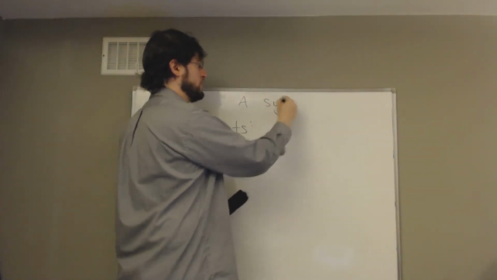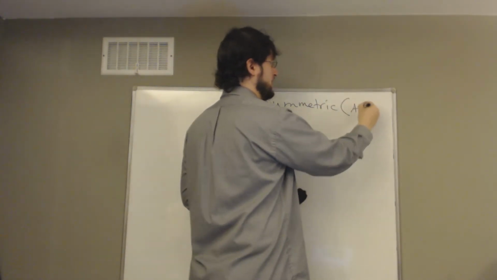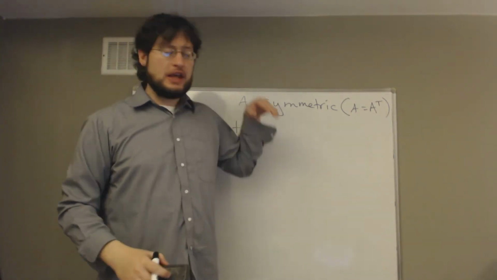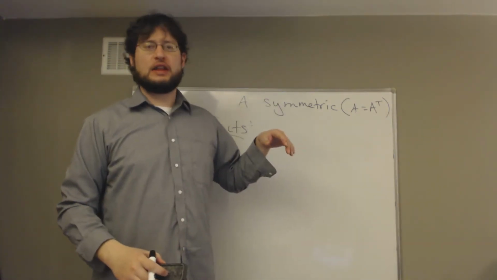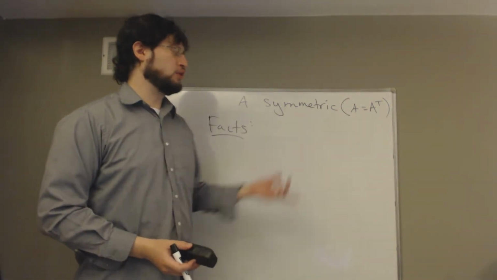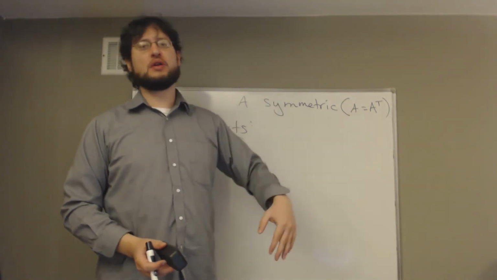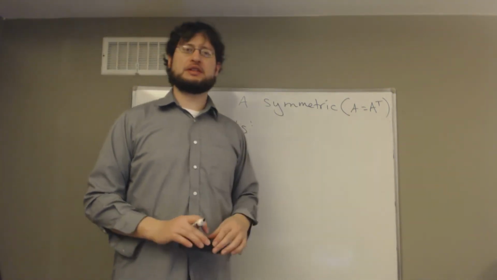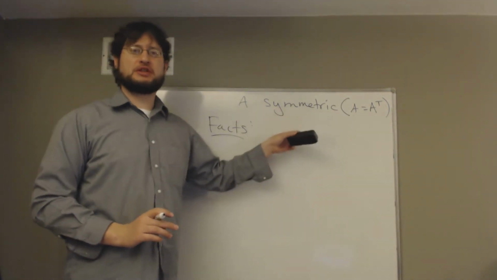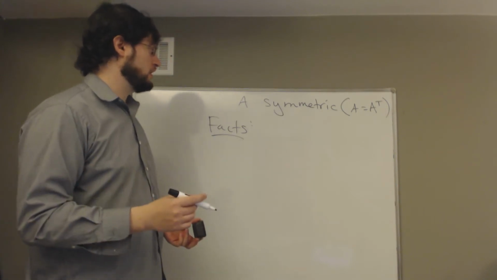Here are the things that are true about symmetric matrices. If A is symmetric, remember what that means: A equals A transpose. So I have entries on the diagonal, and if I flip over the diagonal, I get exactly the same matrix. There's less information contained in a symmetric matrix, because the stuff below the diagonal is exactly the same as the stuff above the diagonal. But here's what's true about symmetric matrices in regards to this diagonalization process.